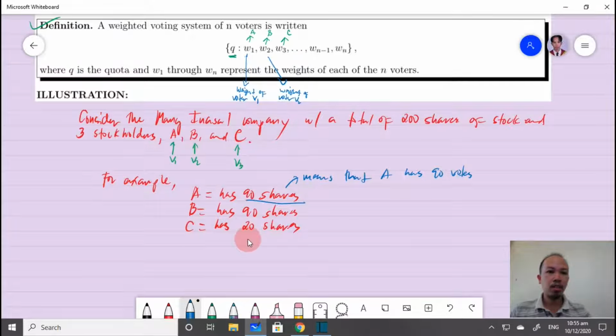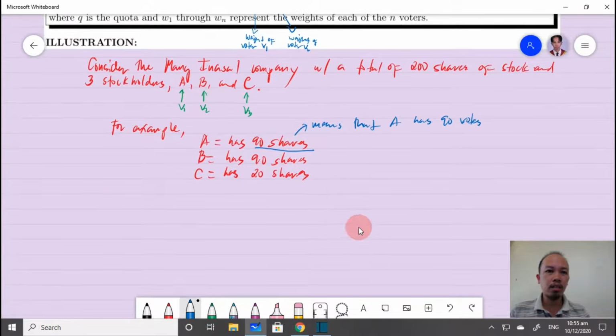So notice that our Q here, if you total all the shares, is 200.